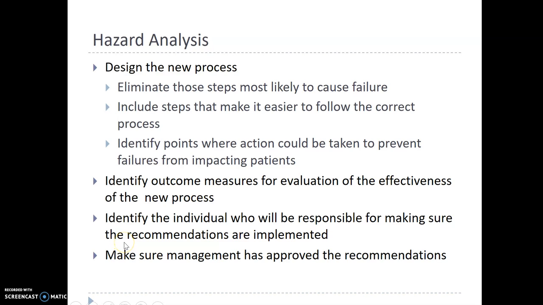Then you must design the new process by eliminating the steps most likely to cause failure and include steps that make it easier to follow the correct process, identifying any points where an action can be taken to prevent a failure that impacts the patients. Identify outcome measures for evaluation of the effectiveness of the process, and identify who's going to be responsible for making sure the recommendations are implemented, making also sure that management has approved implementing these recommendations.